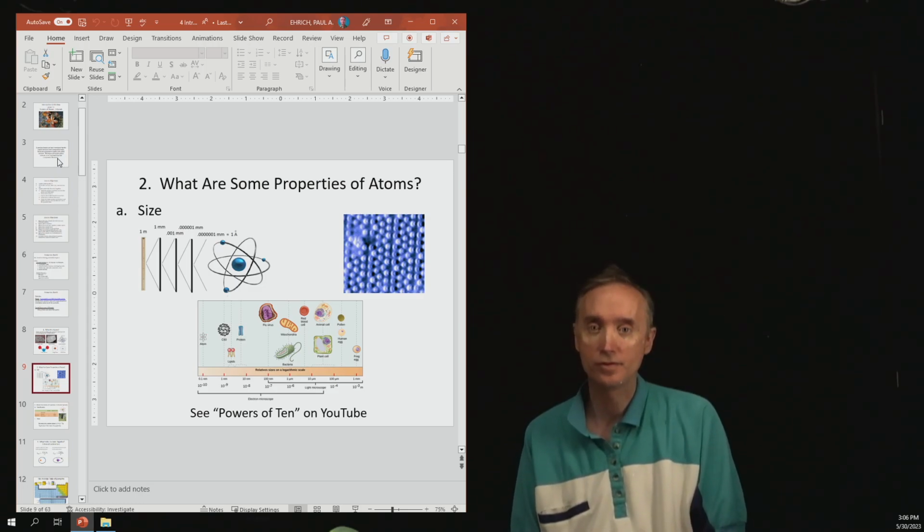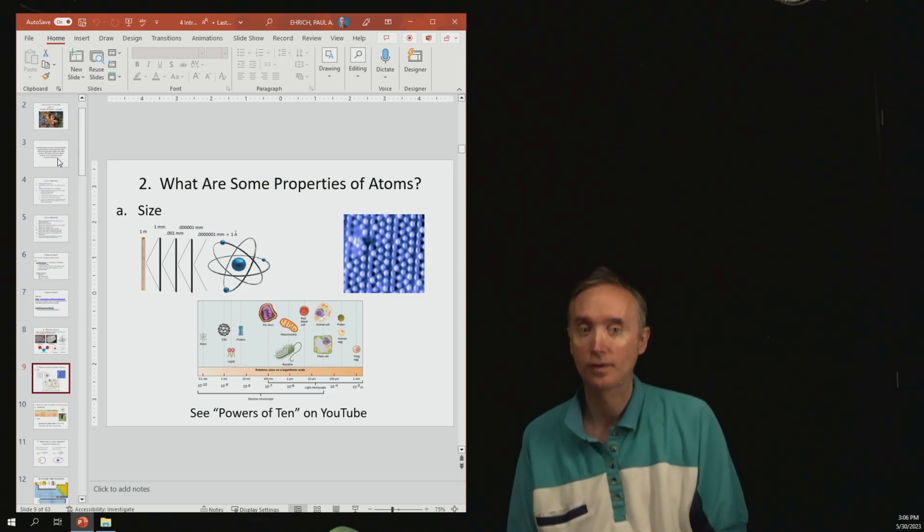Properties of atoms. You're not going to need to know what the size of the atom is, but you should know that it's so small that you cannot see it with the type of microscope that you would use in biology.